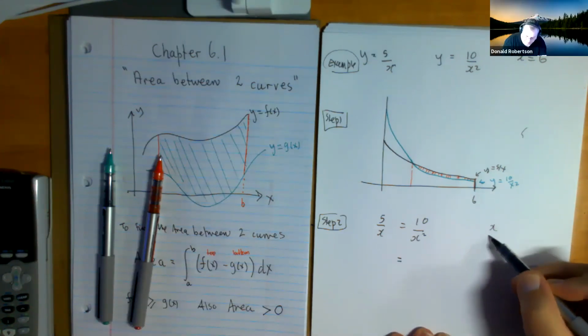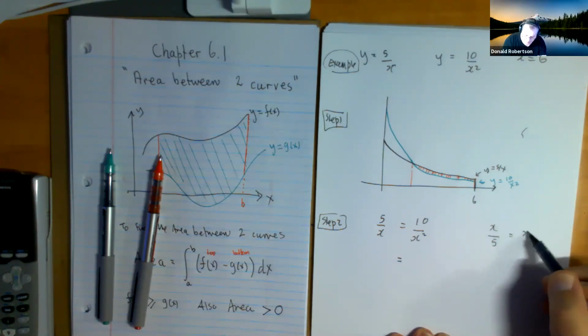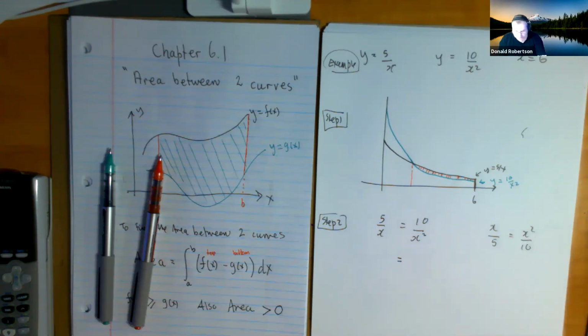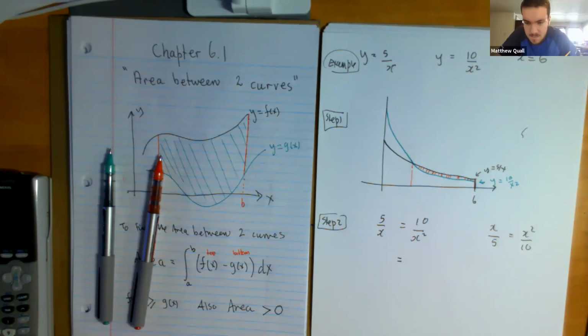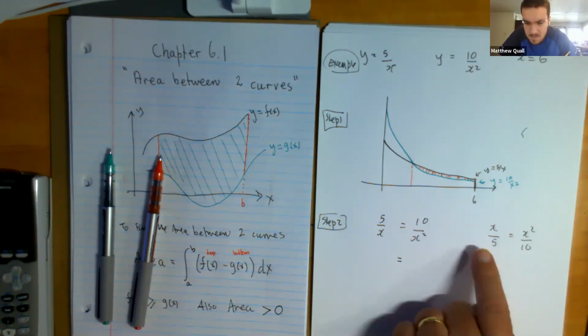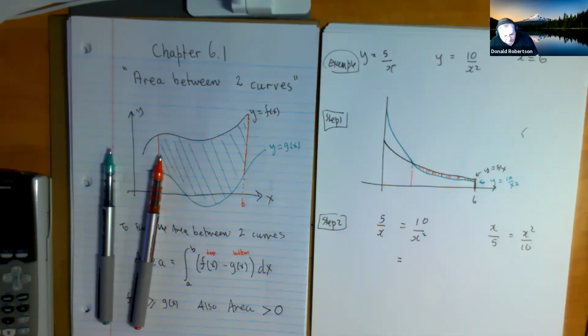That's an interesting idea. Okay, what are you going to do now? Like multiply by 5 or 10. Multiply both sides by 5? Is that what you said? Mm-hmm.